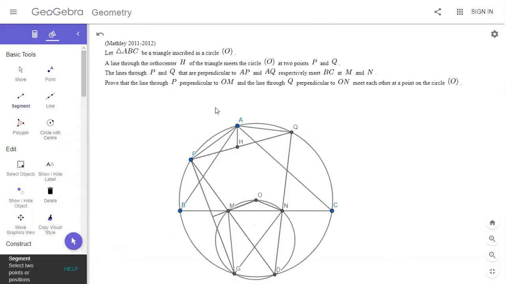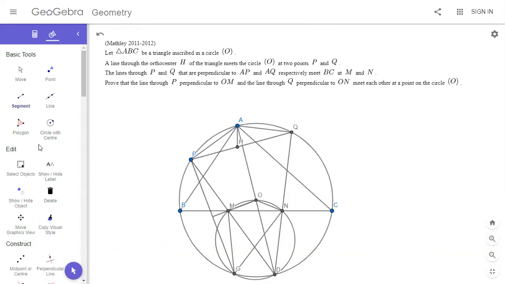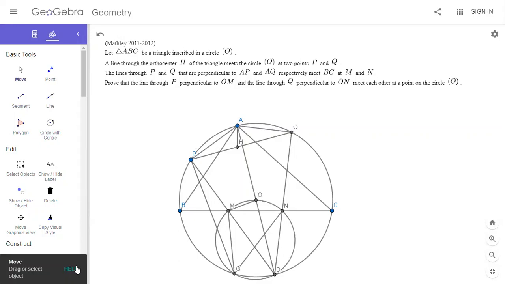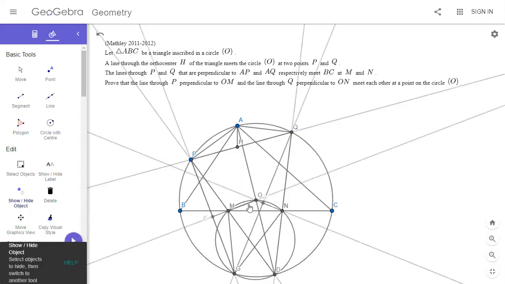So yeah, we're almost running out of time here, but I feel like we're close to getting something. So I just want to finish up this idea. So let me hide OM.